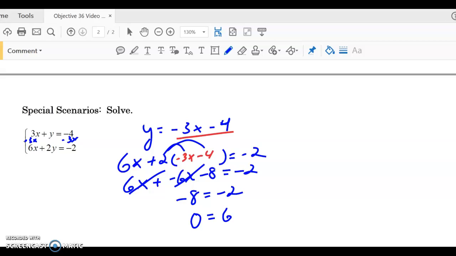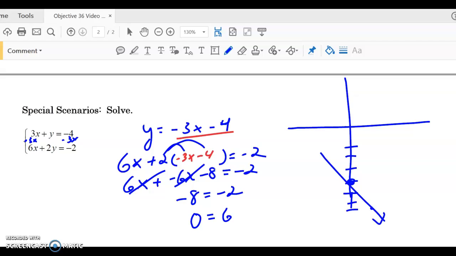What we have to look at, if you look back at this problem, y equals negative 3x minus 4, if we were to think about graphing that, we would go down to 4, then down 3, right 1. The slope is negative 3.